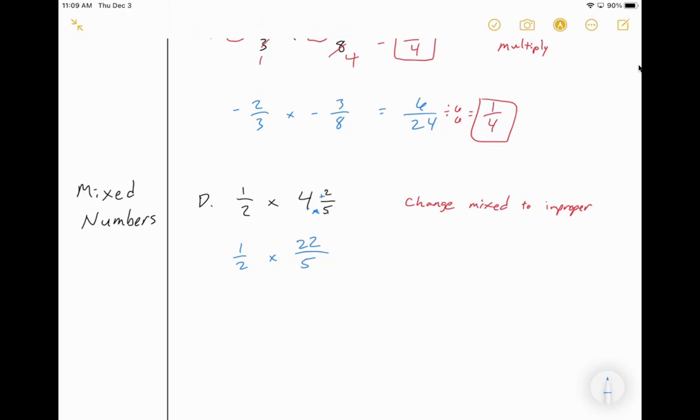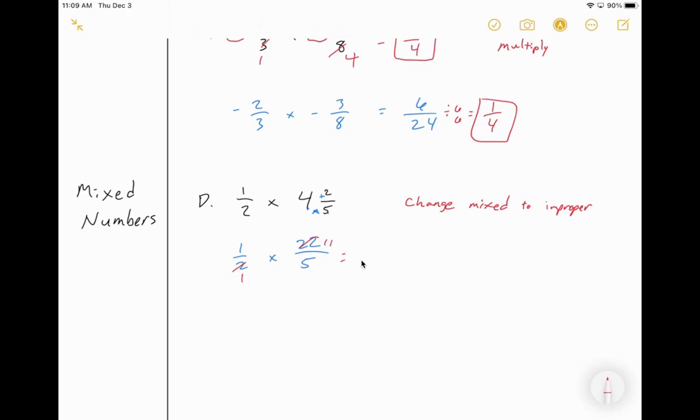Okay, can I cancel? Probably. Go ahead and finish the problem off. Simplify it as you need it, okay? That becomes a 1. That becomes an 11, okay?